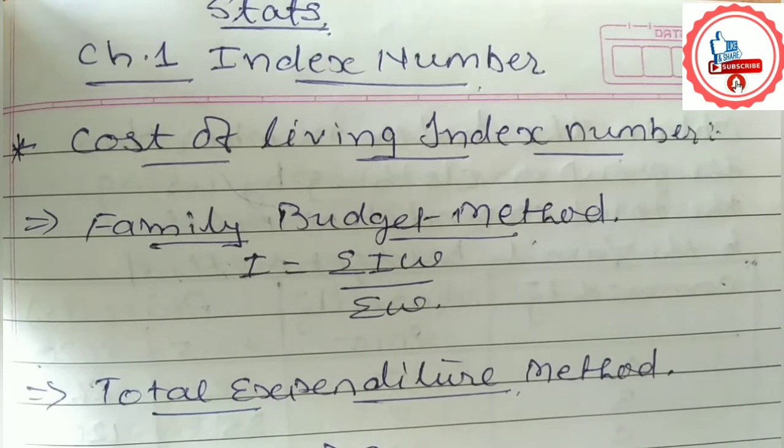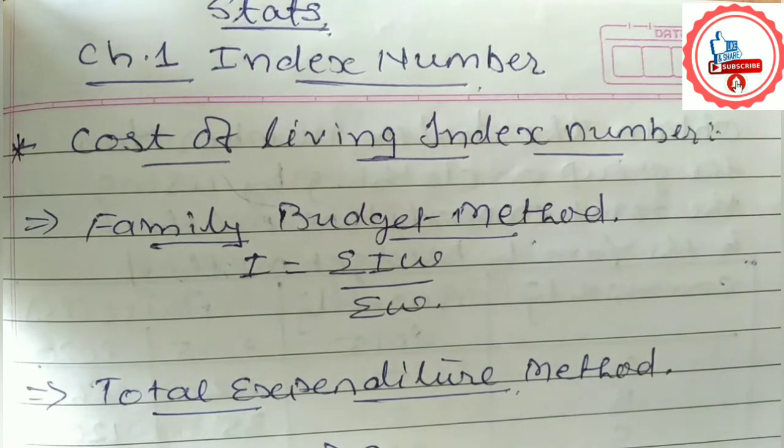On the basis of information collected for the sample families, data are obtained regarding the essential items of consumption, their quantities, the expenditure incurred on them, etc. Such an inquiry is called the family budget inquiry. This inquiry is divided into five groups, which are food items, clothing, house rent, fuel and miscellaneous.